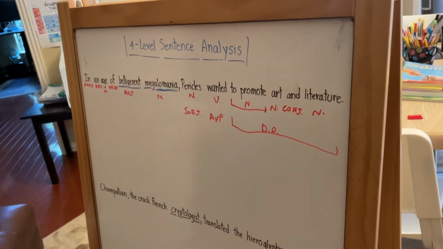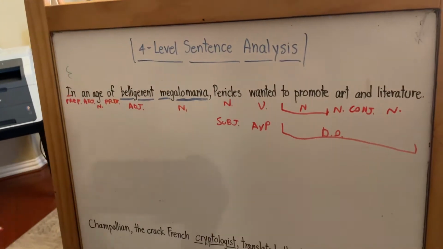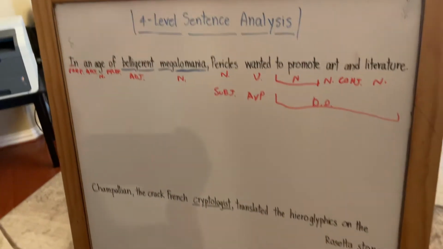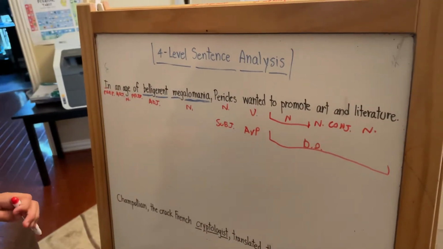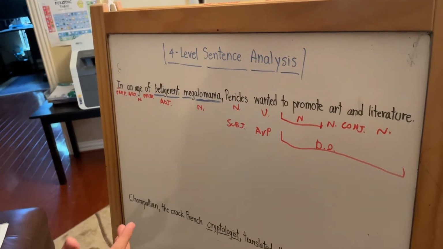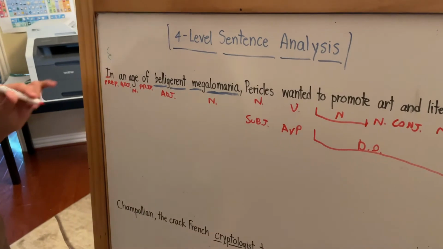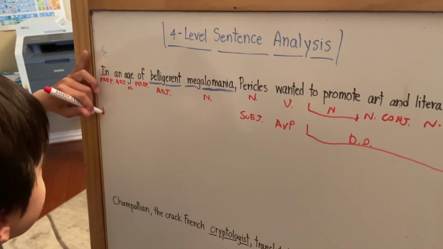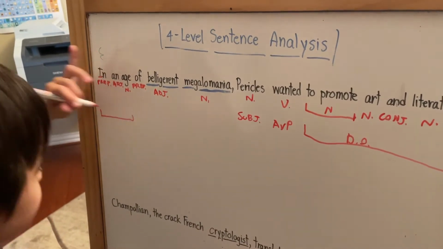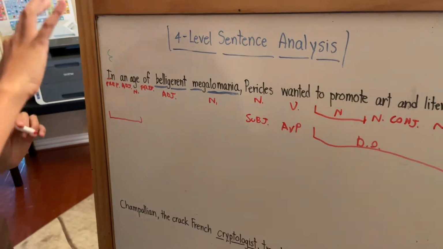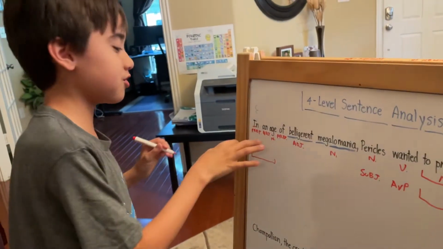Next, we move on to phrases. So phrases are basically a group of words, all strung together, that produce a particular meaning. In this case, we have two phrases. The first is a prepositional phrase, in an age. So whenever you see a preposition, you must immediately look out for any prepositional phrases that may be present in the sentence.